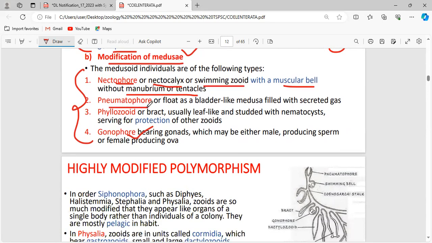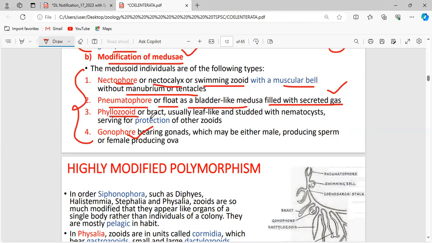And the pneumatophore floats as a bladder-like medusa filled with secreted gas. Because of this pneumatophore, it can move very lightly, because this is a vacuum-like structure filled with gas. That is said to be the pneumatophore.